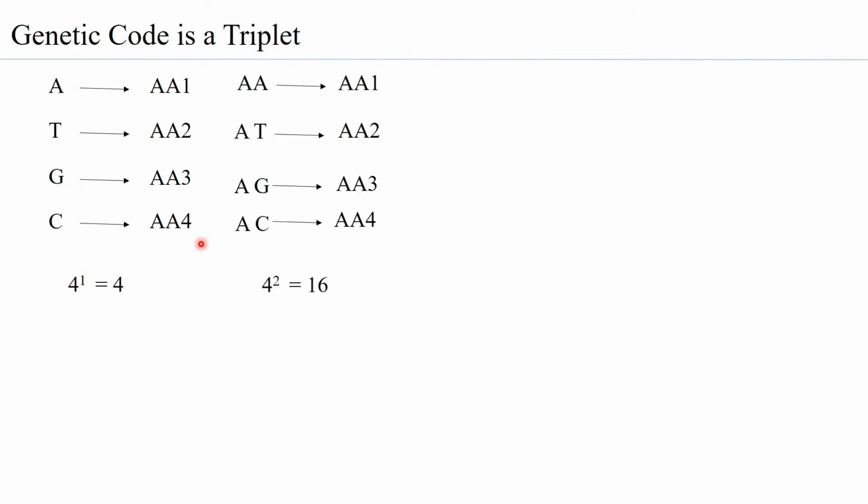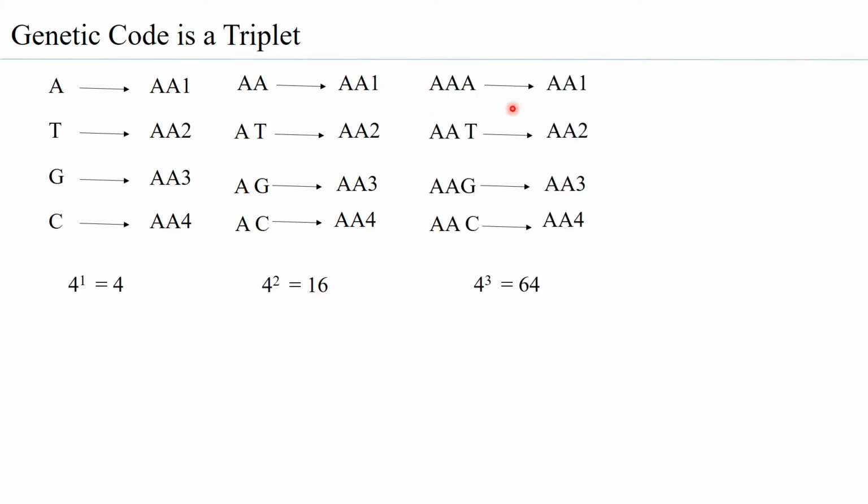Then it was looked at, suppose the codon is a doublet. If it is a doublet, then the number of possibilities is 16. So a doublet codon will code for 16 amino acids, which again falls short of the 20 amino acids. So when one goes to a triplet codon, there are 64 possibilities, and the 20 amino acids are covered by these 64 codons.